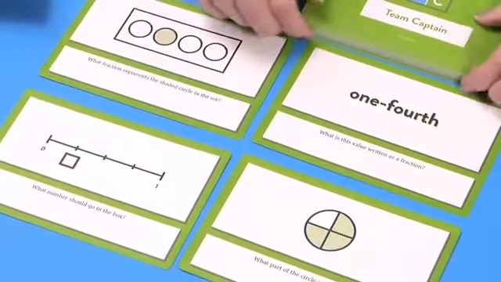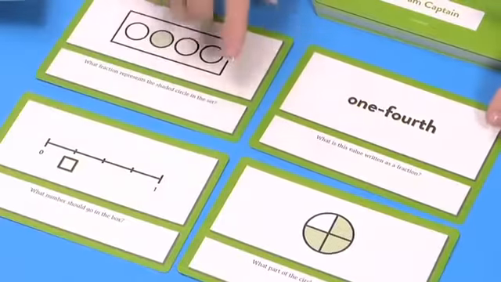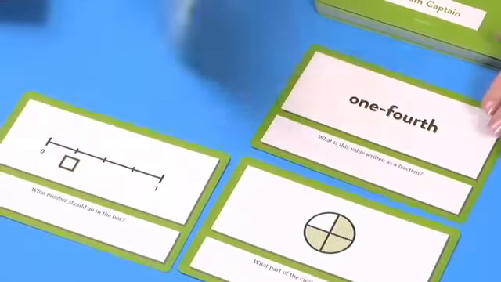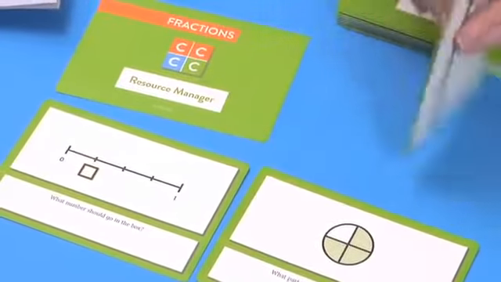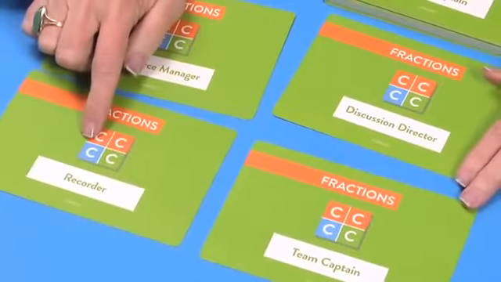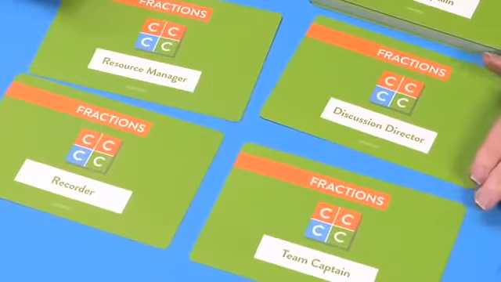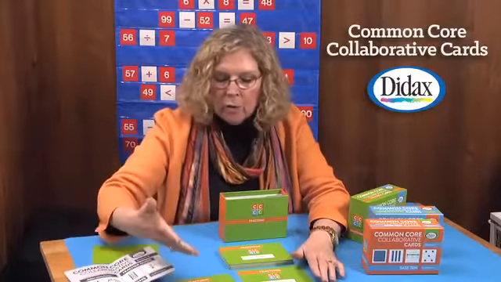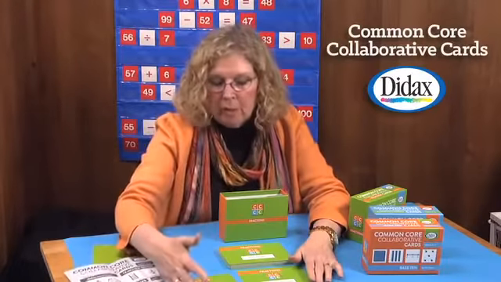Once they find each other, they talk about the problem and how they got the answer, and then they turn the card over and look to see that each one of the cards has a role. So the person with this card is the recorder. If you look in the student and the teacher guide, it tells you that the recorder has several functions. One is keeping notes.